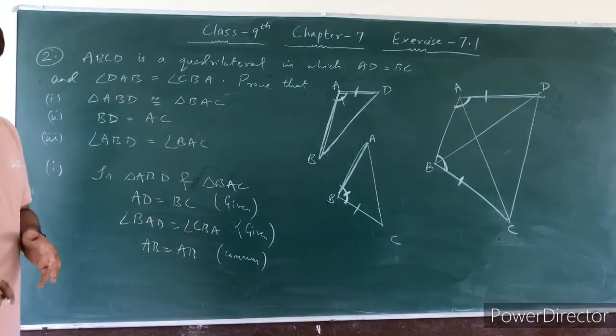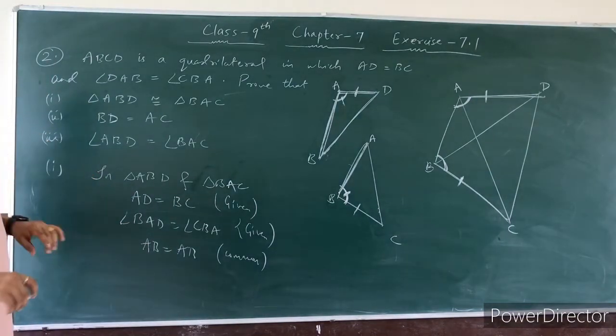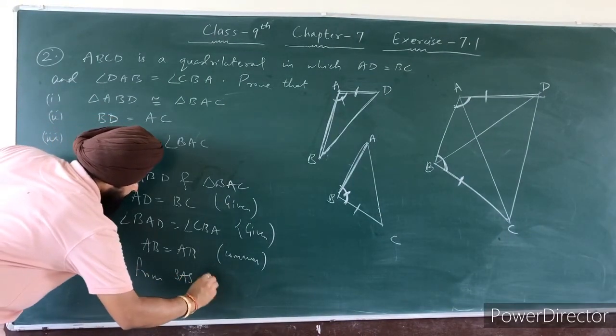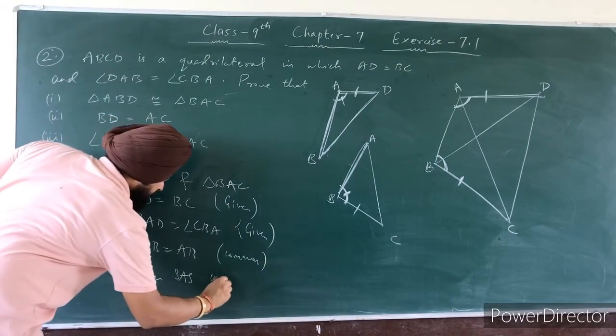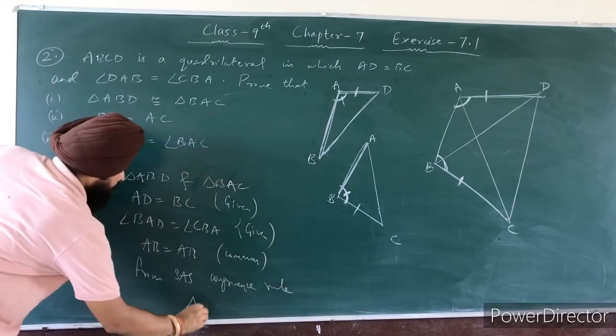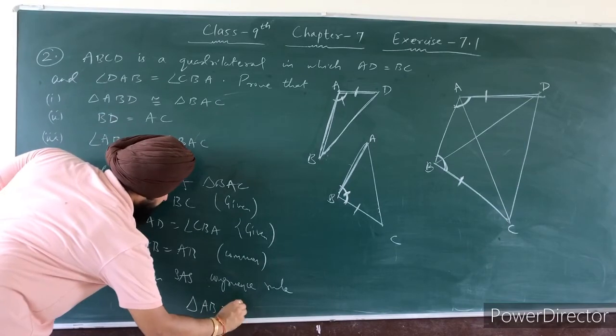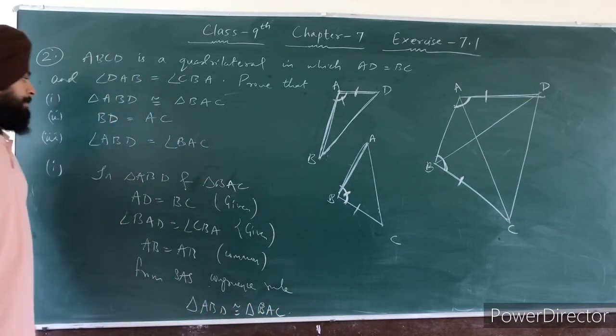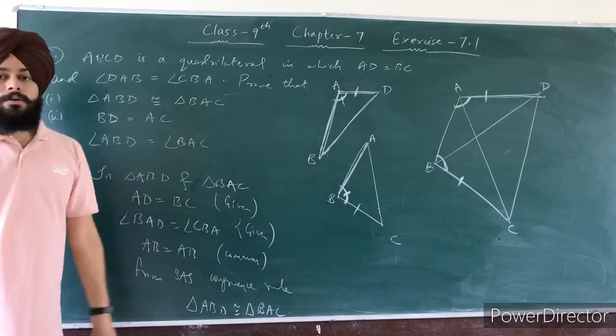So which criterion do we use here? Again SAS. So from SAS congruence rule, triangle ABD is congruent to triangle BAC. So both triangles are congruent.